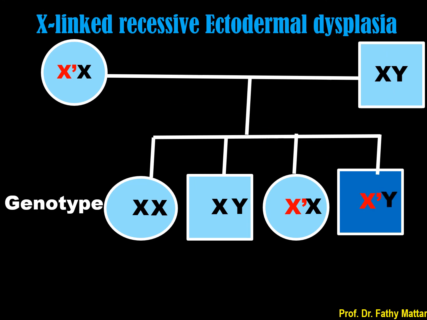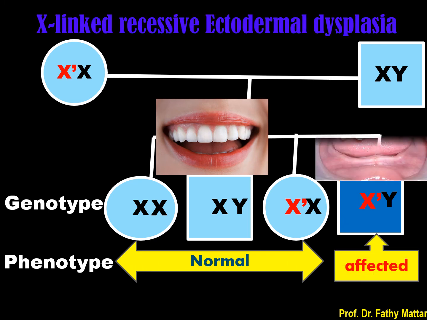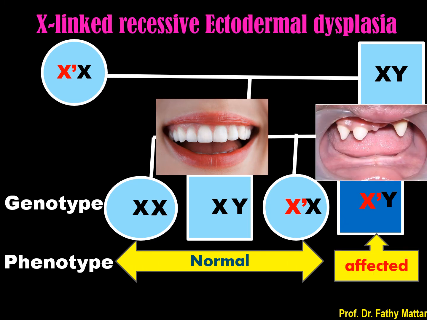But this boy will have the X, which is red, carrying the ectodermal dysplasia allele, and Y. So the expression will be only for the ectodermal dysplasia.